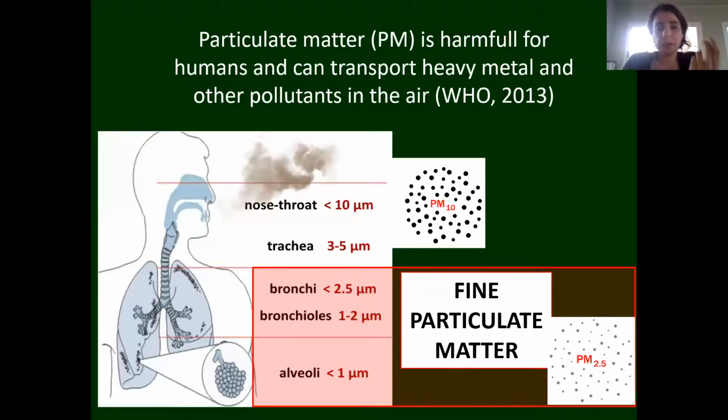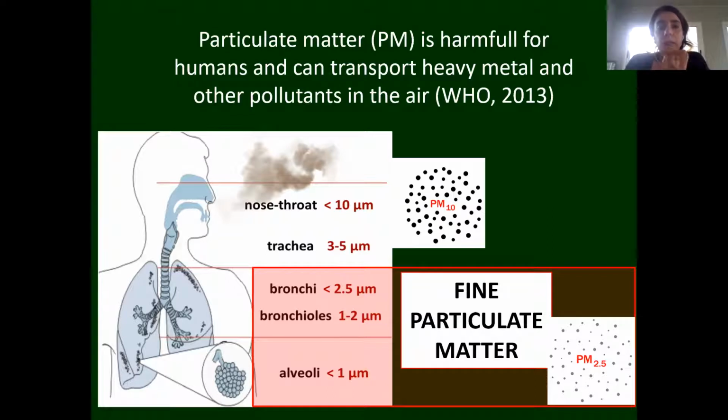Why is it important to evaluate particulate matter in mosses? Because it is very dangerous for humans, especially if we breathe in particles, especially fine particulate matter. These are very tiny particles that can arrive deeply inside the lungs.